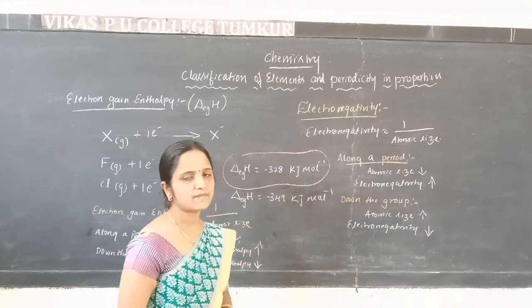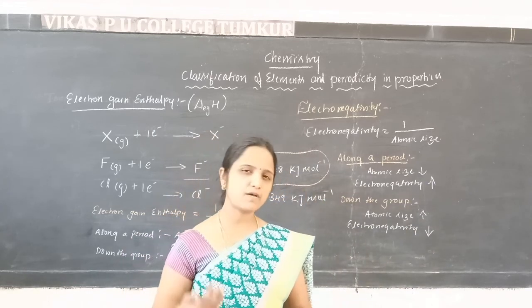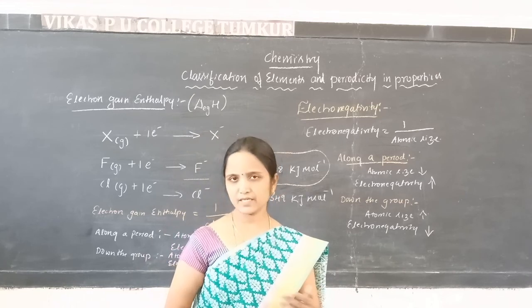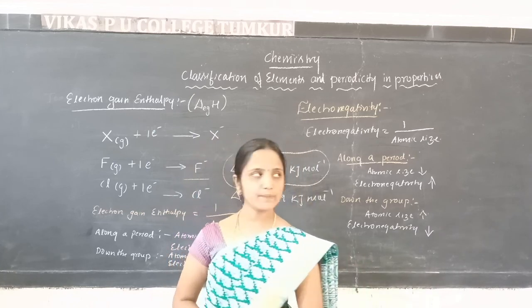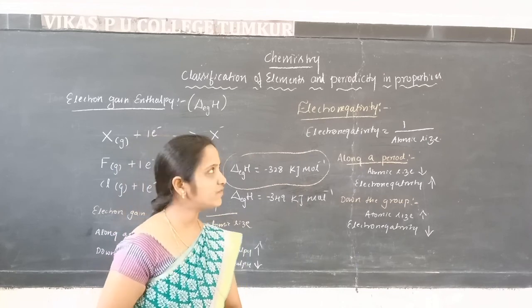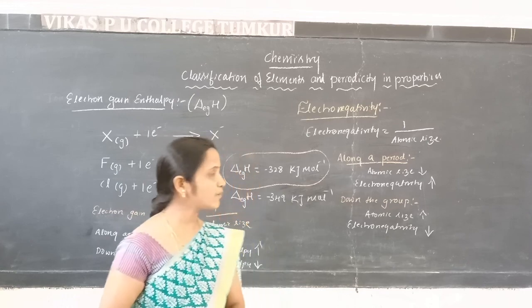Means vice versa: if atomic size decreases, electronegativity increases, and if atomic size increases, electronegativity decreases. This is about electron gain enthalpy and electronegativity. This completes the chapter, classification of elements and periodicity in properties.